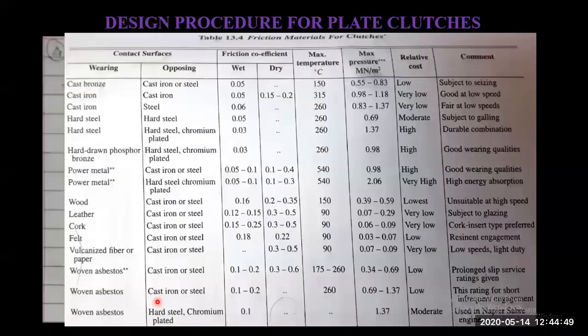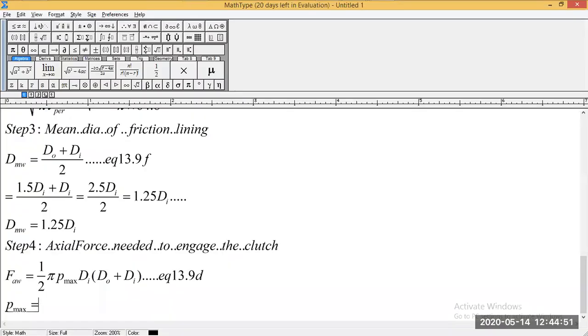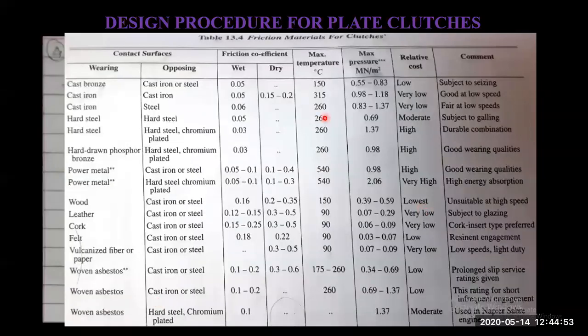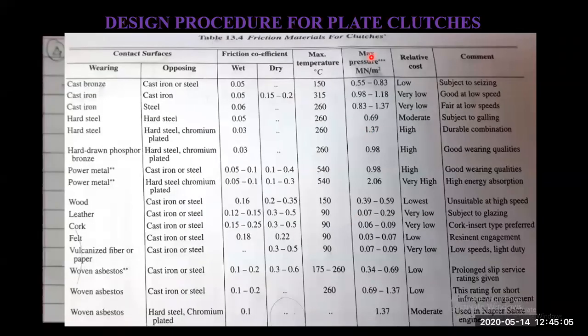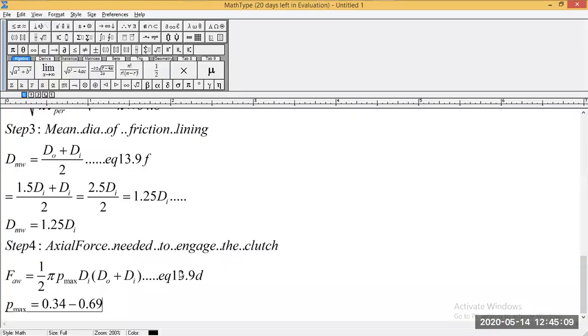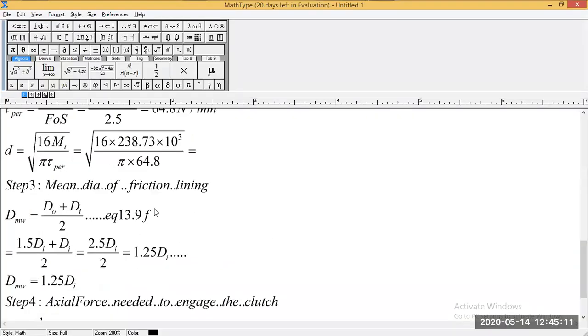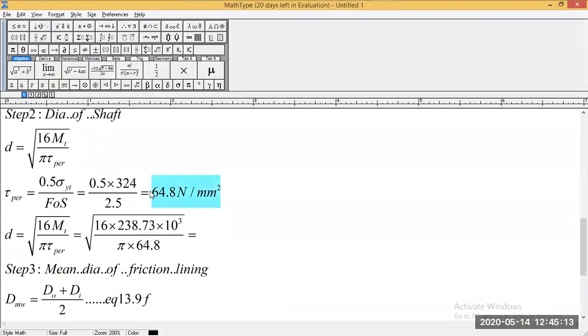Let's take P max first. So P max will be in between 0.34 to 0.69. The units are meganewton per meter square, which is again Newton per mm square, so we can use that Newton per mm square itself.